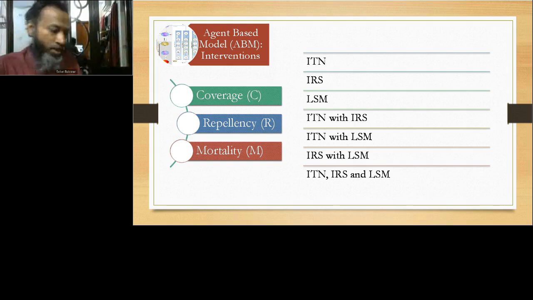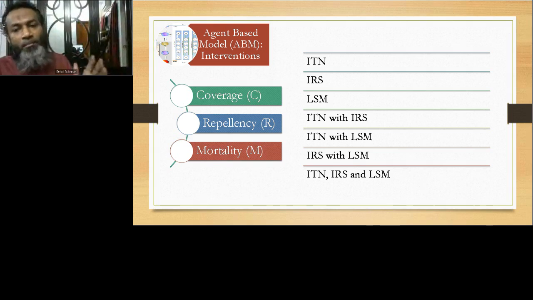And mortality is similar: what is the fraction of mosquitoes who will die through this intervention? For coverage, we can have an idea if we know what sort of funding we have. But for repellency and mortality, these are educated guesses. So we had to use different parameter combinations to see what sort of results we can get by applying the interventions.